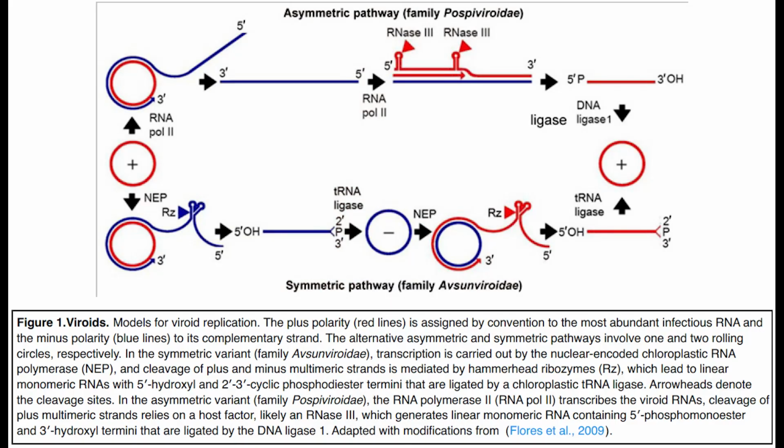Here is a diagram that they give, and I am going to take the time to show you. Hopefully it's not backwards. You can tell me in the comments if that is the case, and hopefully you can actually see this. But basically, as you can see here, you have the asymmetric pathway of the Pospiviroidae and the symmetric pathway of the Avsunviroidae. And so you have the RNA here.